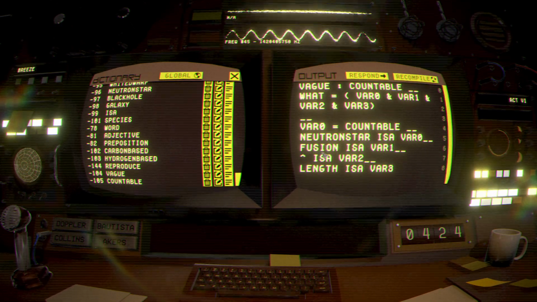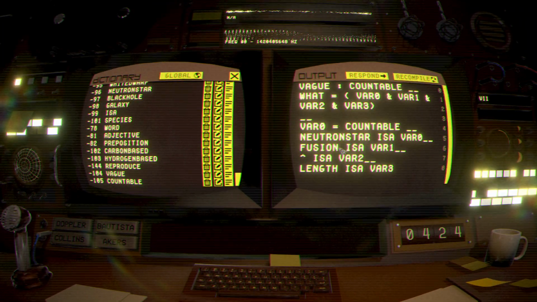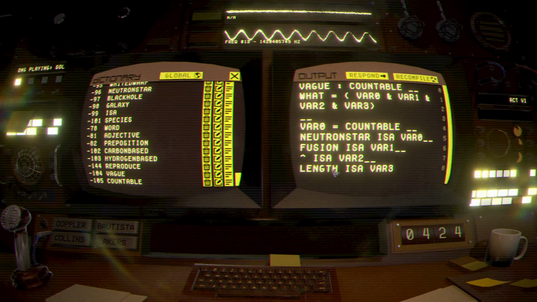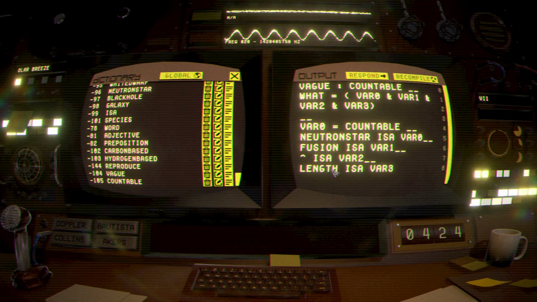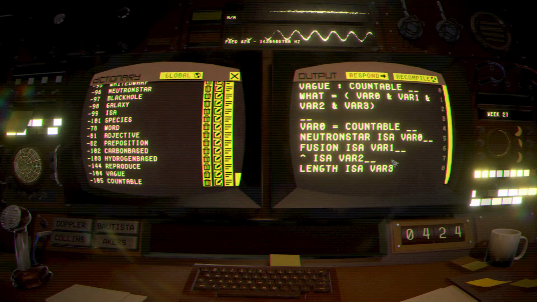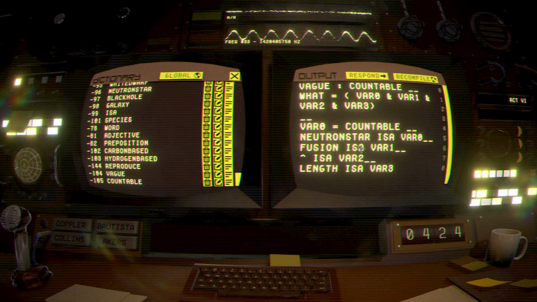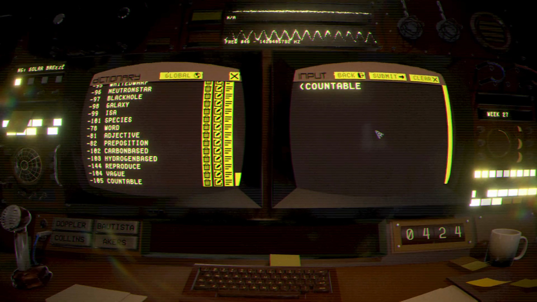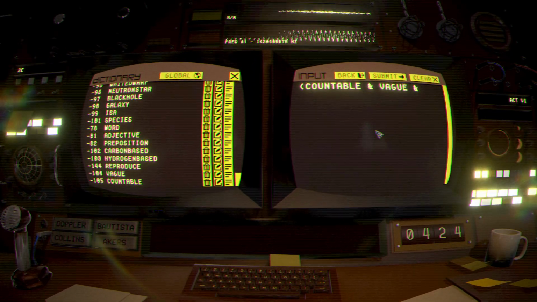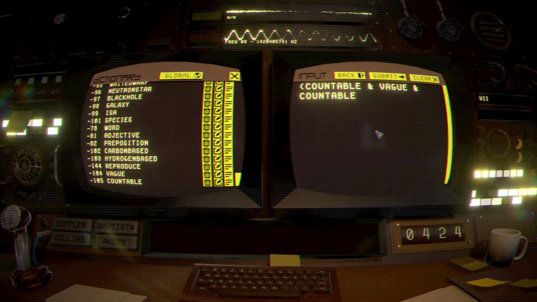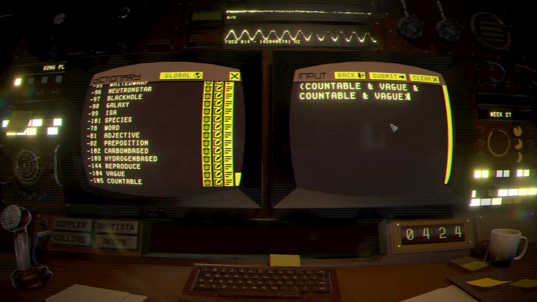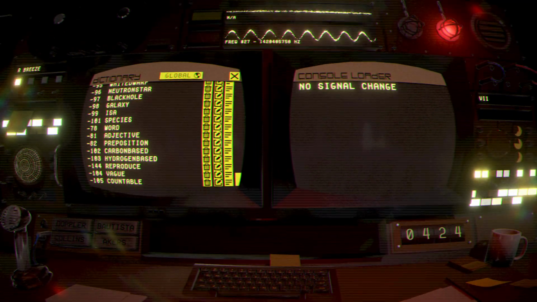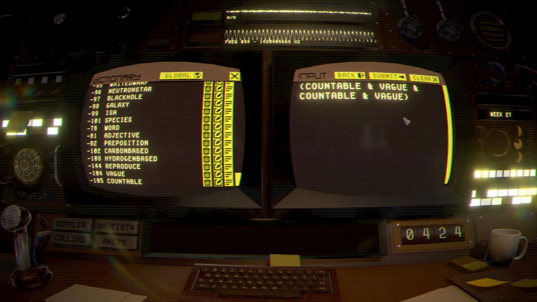You can count the neutron. You can't count the fusion. You can't count the length. Right? Does that make sense? Sort of. So it would be countable, vague, countable, vague. Let's give it a go. No. Maybe power of is vague?